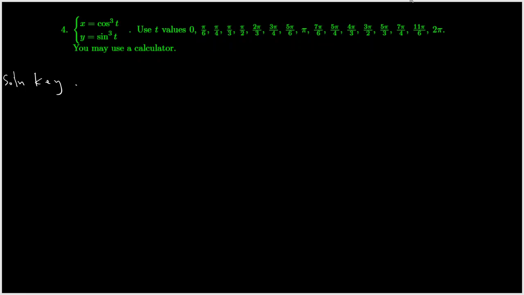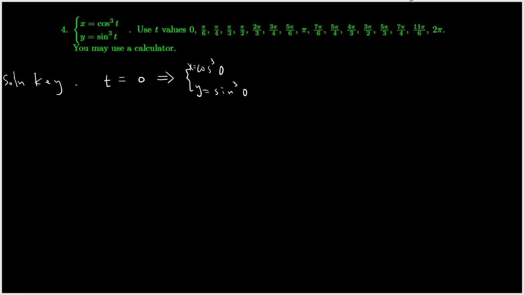Now let's get the point for t value of 0. If t value is 0, then x value is cos of 0, the whole thing cubed, and t value of 0 will give you the y value of sine of 0, the whole thing cubed.